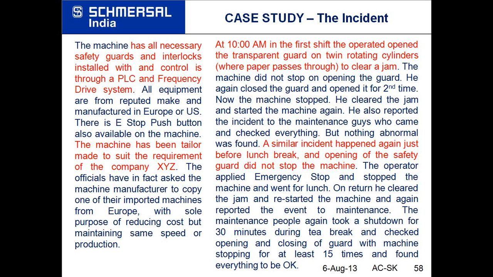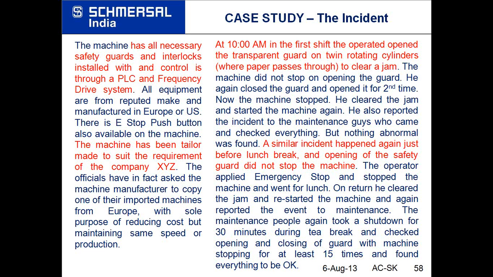What happened? The machine did not stop on opening the guard. He again closed the guard and opened it for the second time. Now the machine stopped. You see, there was non-reliable behavior by this guard opening and the machine stopping. Anyway, the operator cleared the jam, closed the guard and started the machine again.